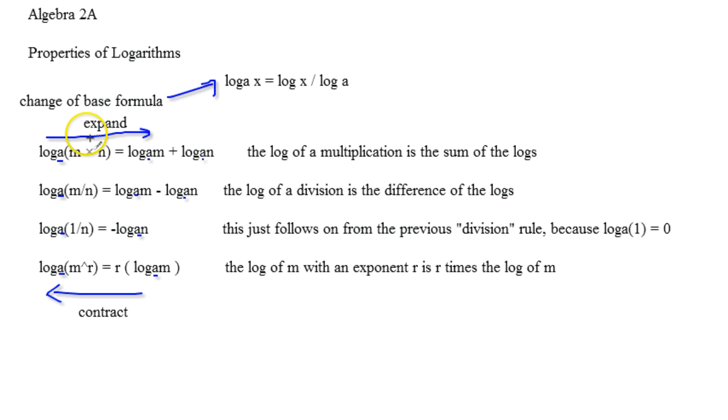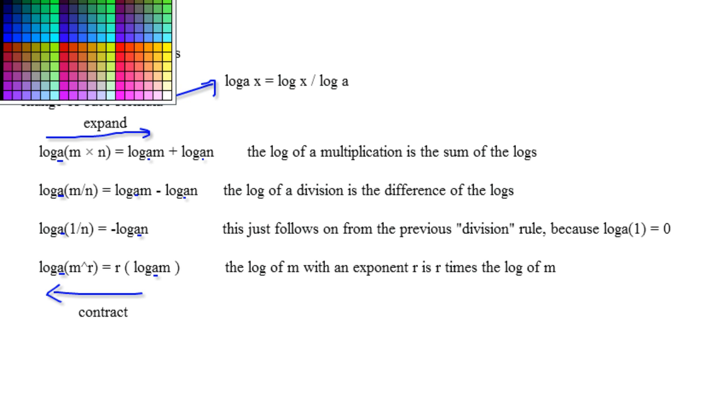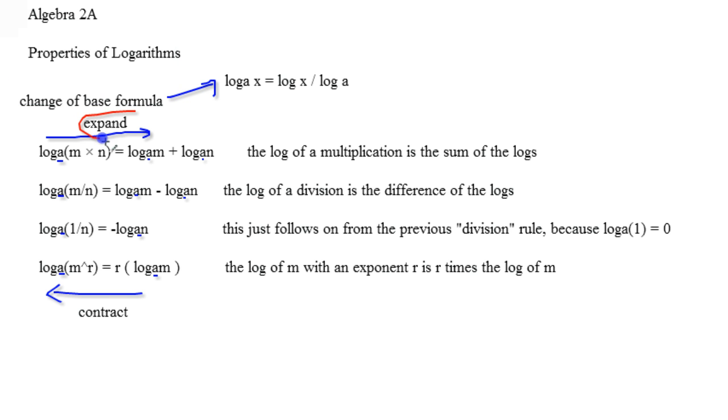Now up here I've written some things before I've shown the actual formula. If you go from left to right, you are expanding the logarithm. If you go from right to left, you are contracting the logarithm. But here's what it's actually saying.